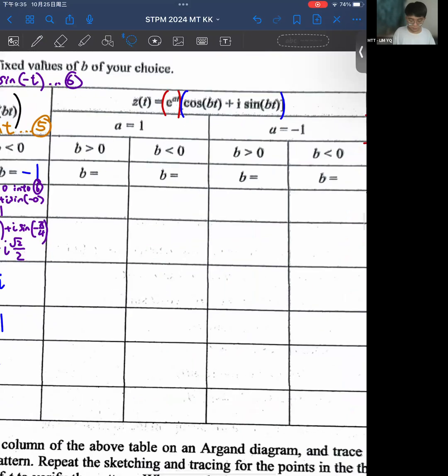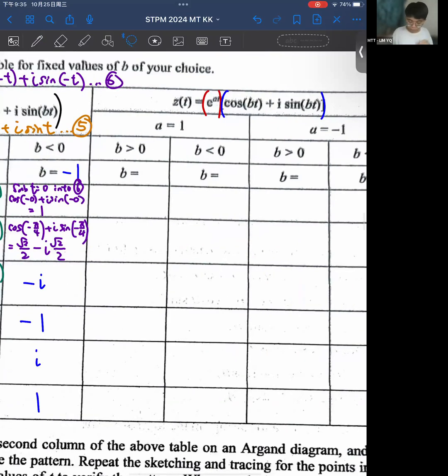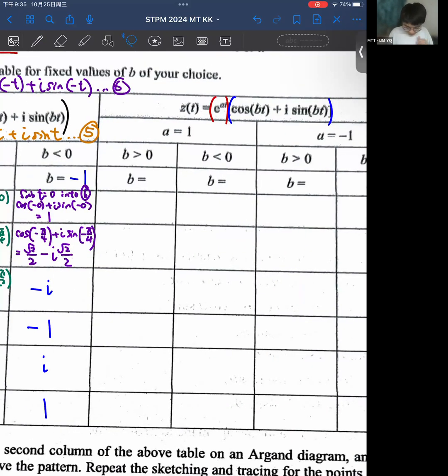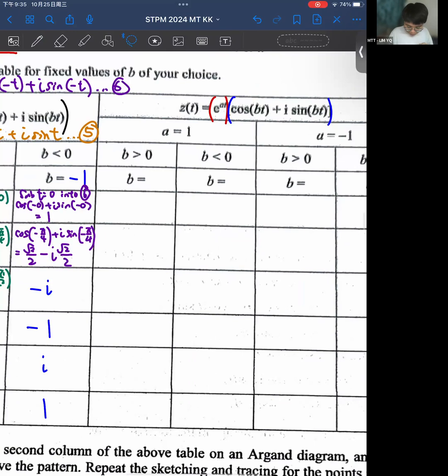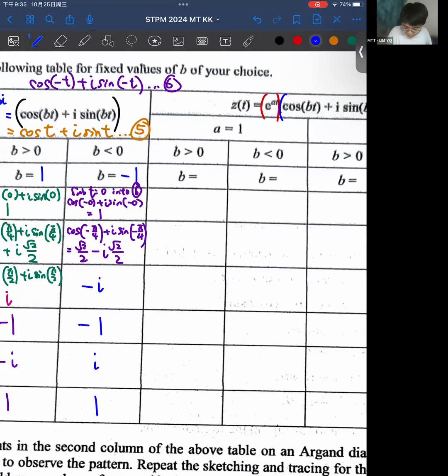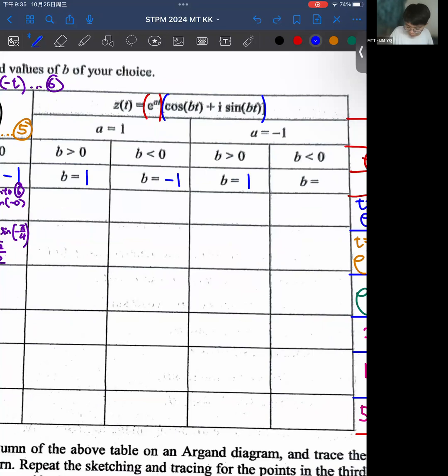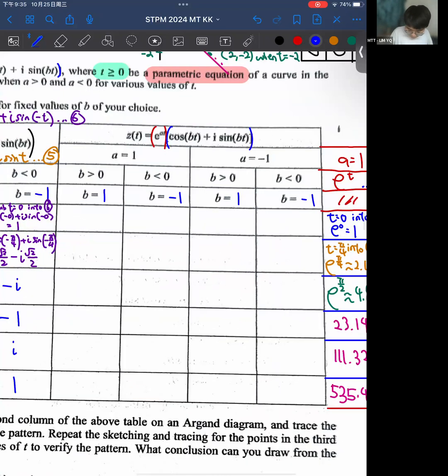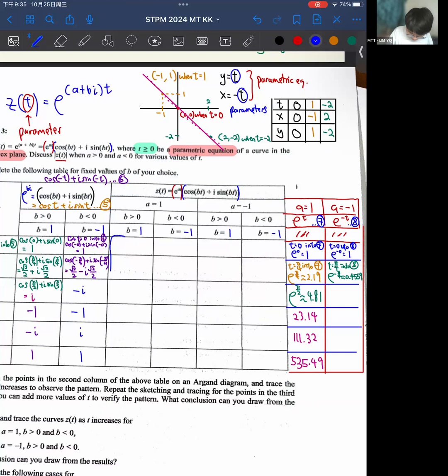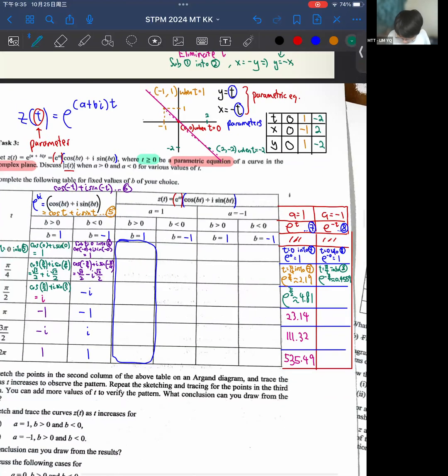Now we go to here. We want to find a equal to 1. So I will multiply. Let's put our values first. B greater than 0, we put 1. Here we put -1. Here we put 1. Here we put -1. So for this column, the first value I will multiply my e^(at), which is 1.